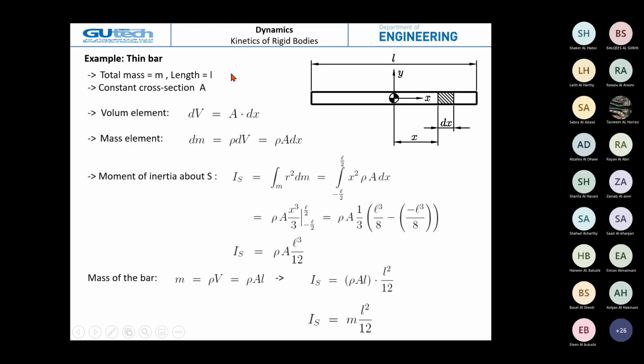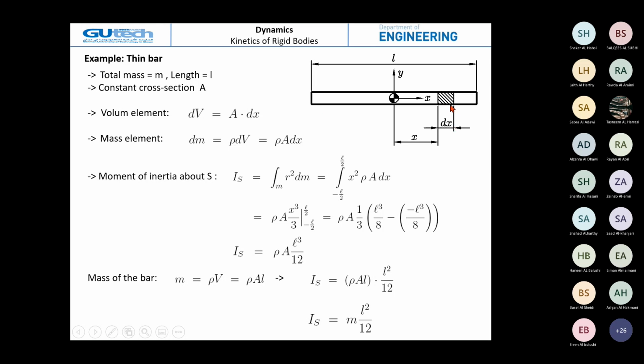Now we take the third geometry, the thin bar. We have the total mass m of this bar, and the length is L. We have a constant cross section A here.